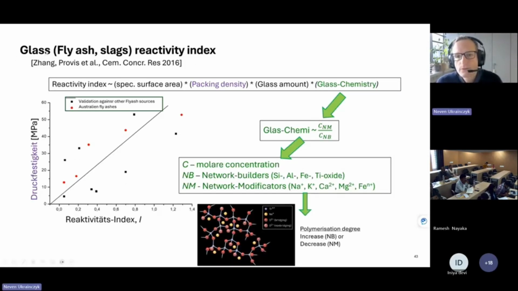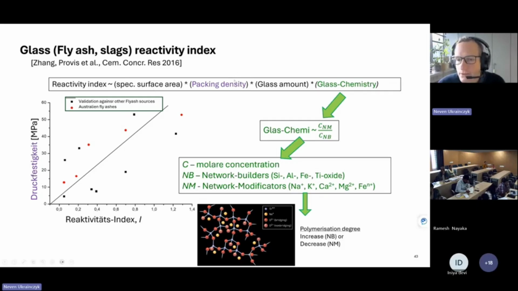So here is an approach from John Provis, an engineering approach to quantify the reactivity index. This is for fly ash and slags and glasses, and actually the reactivity is proportional to the surface area. They found this out from many results.